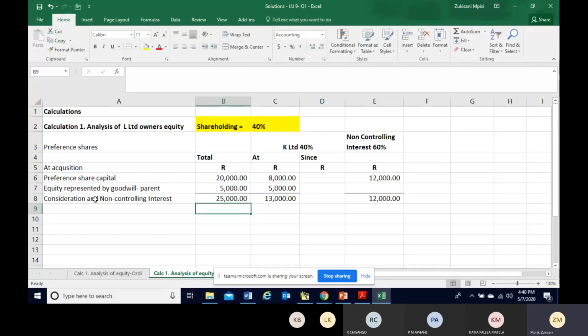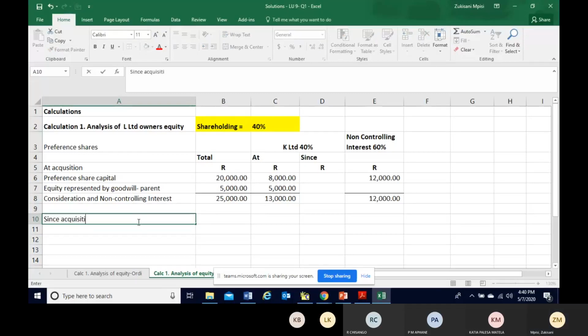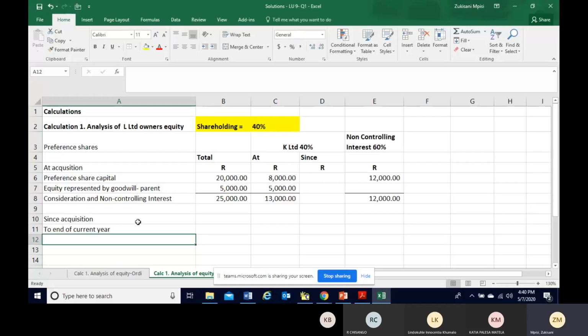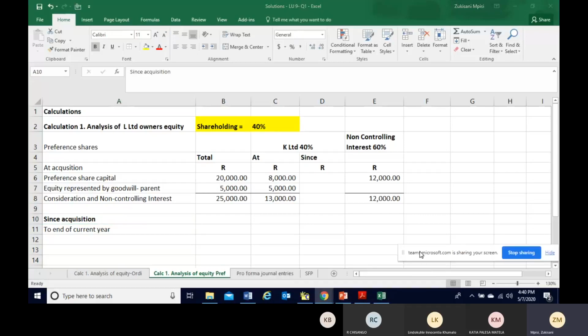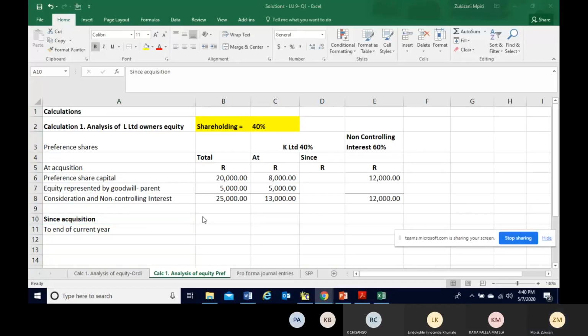And then from here again, we'll move to since acquisition. Remember what we are asked to do here. We are asked to do what we call a statement of financial position. So we'll come back to all of this again. Right now we have made 2 analyses.